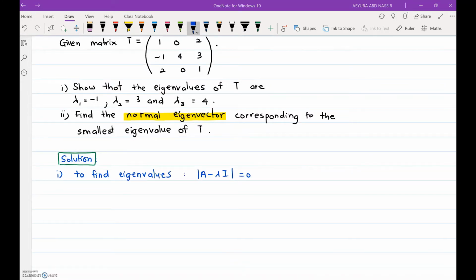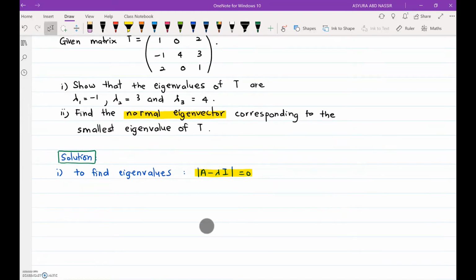Okay, to find the eigenvalues, we will use the determinant of T minus lambda I equals 0. Firstly, the determinant of T minus lambda I will have 1 minus lambda, 4 minus lambda, and 1 minus lambda. It is easier to write your main diagonal first before you proceed with the next entries. Then 0, 2 here, and negative 1 and 3 here, 2 and 0 here, and the determinant equals 0.